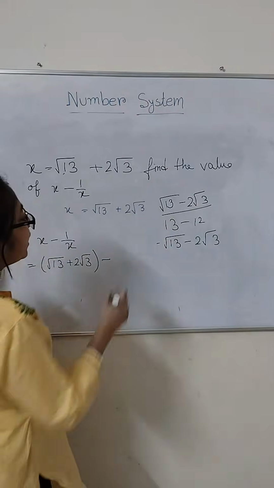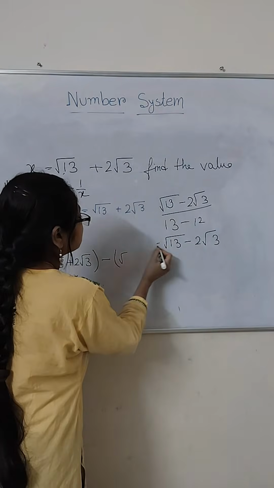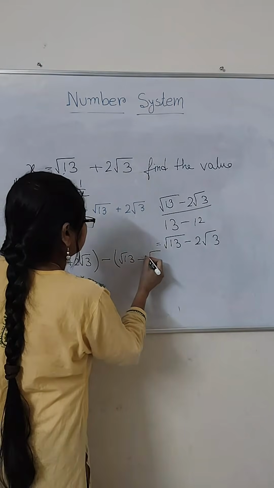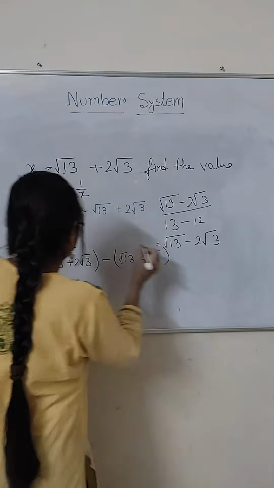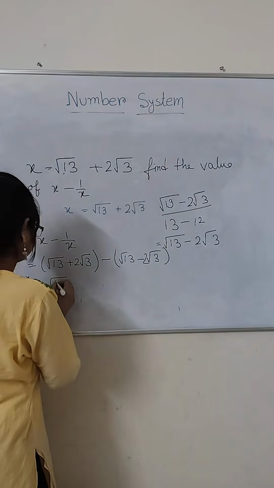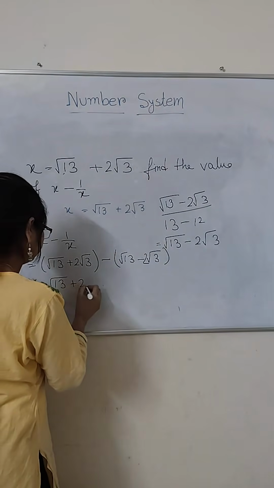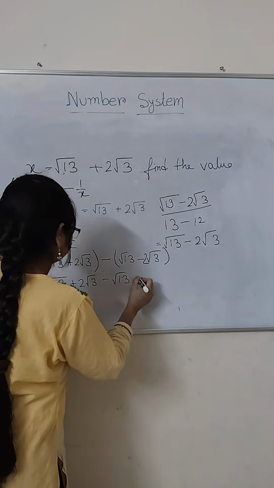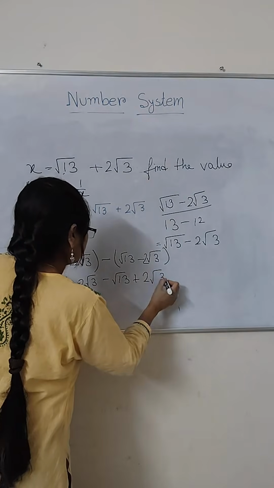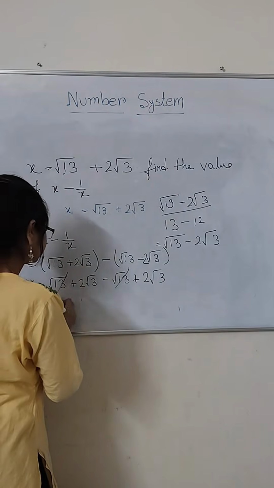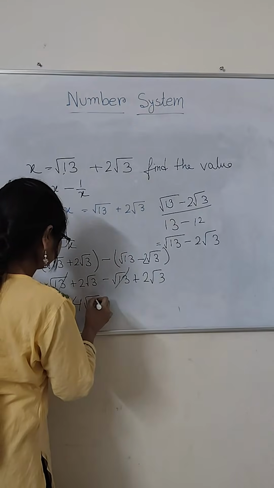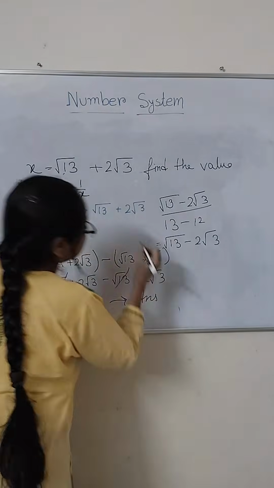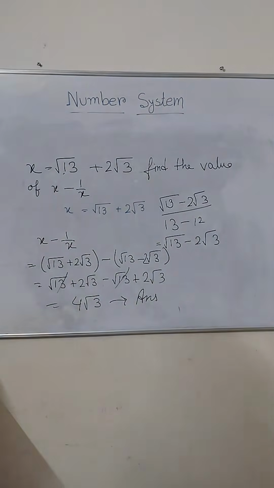What is the value of 1 by x? It is root 13 minus 2 root 3. Remove the bracket. Root 13 cancels. 4 root 3. It is the most important math. Please complete it.